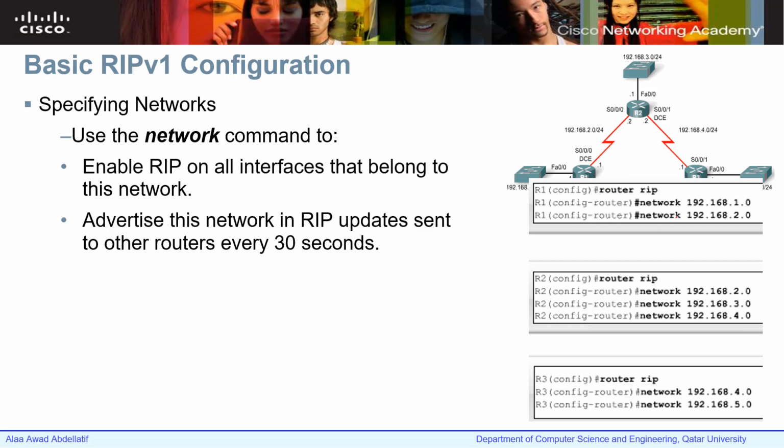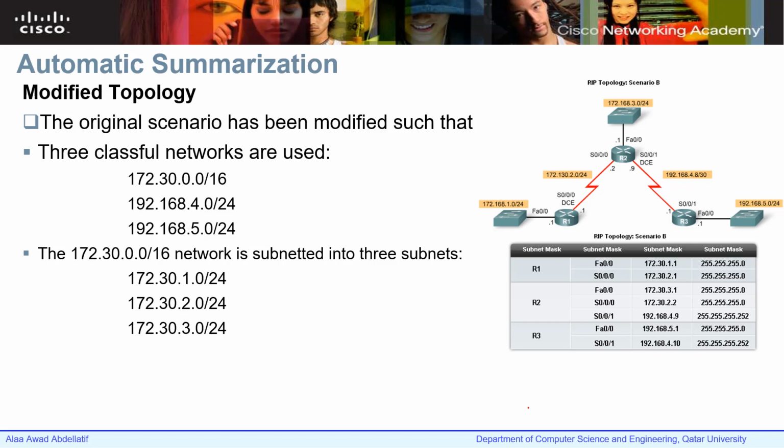I will identify or initialize my interfaces at the beginning to collect data about them. Then I will advertise updates to other routers every 30 seconds. So this step can be considered as initialization: I am collecting or identifying the different interfaces connected to each router. Then I will send these updates to the neighbor routers every 30 seconds.